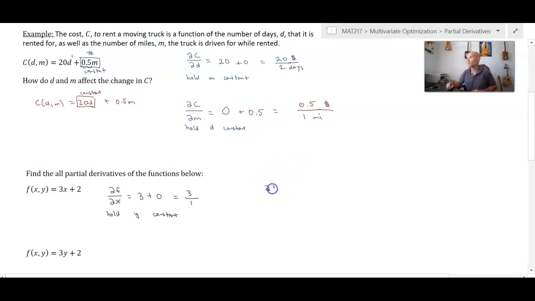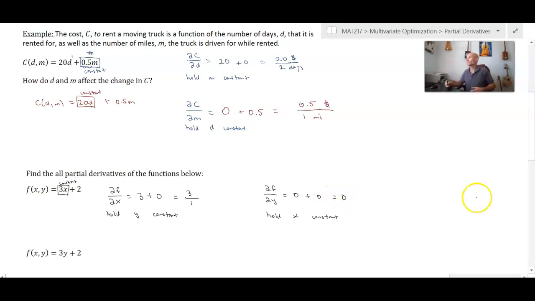Now to get df dy, we're only going to let y vary. We're going to hold x constant. Now when we do that, we have to think about this fact that 3x is a constant times something that we're holding constant. So we have a constant times a constant, which is a constant. And the derivative of a constant is 0. Here we have another plus another constant. Its derivative is 0.